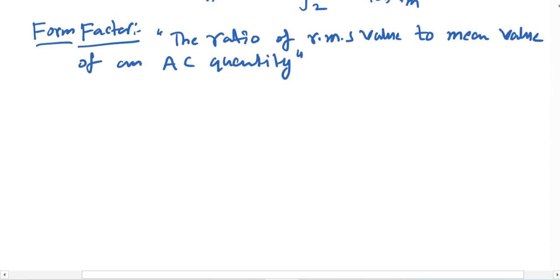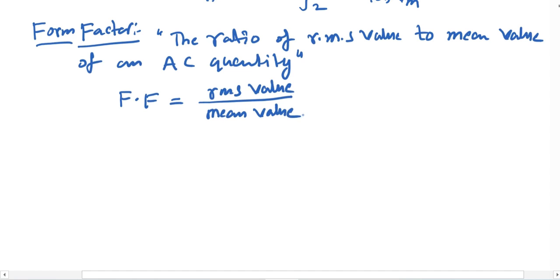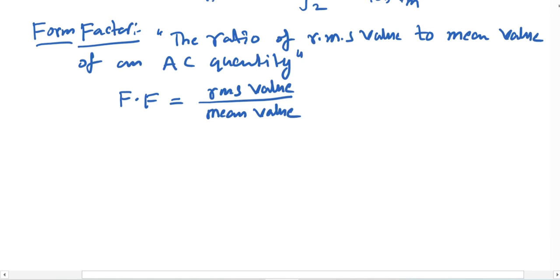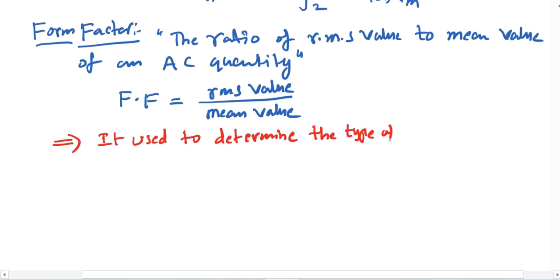In mathematical form, form factor is the RMS value divided by the mean value. The significance of the form factor is that it is used to determine the type of waveform.